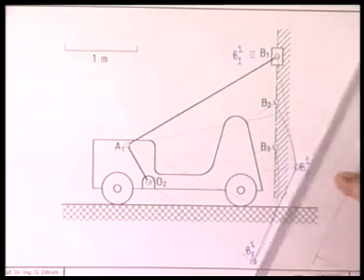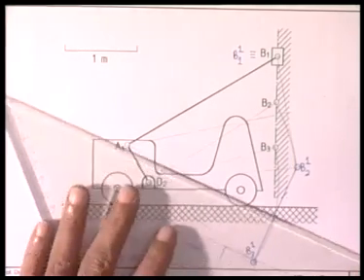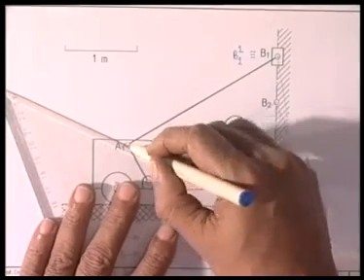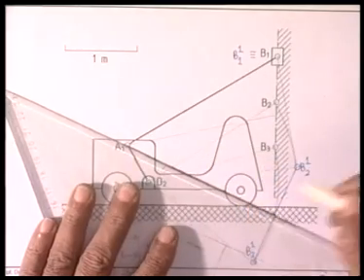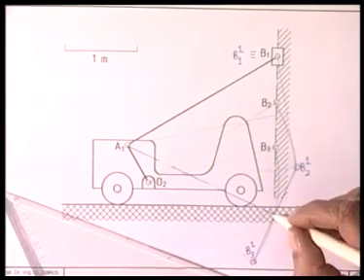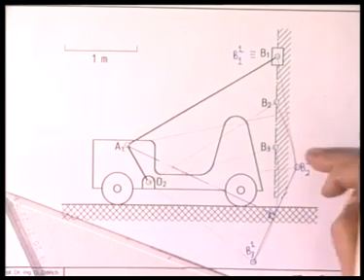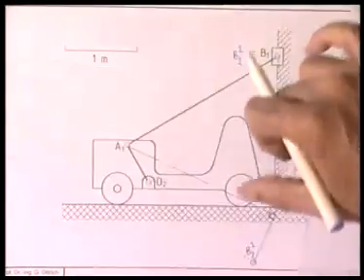We draw the mid-normal of B21, B31, which is this line. This is the mid-normal of B21, B31, and we also draw the mid-normal of B11 and B21.